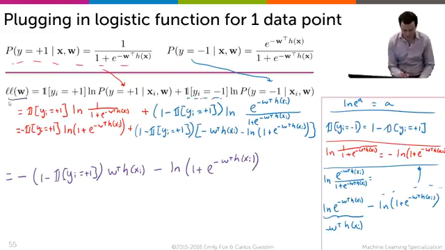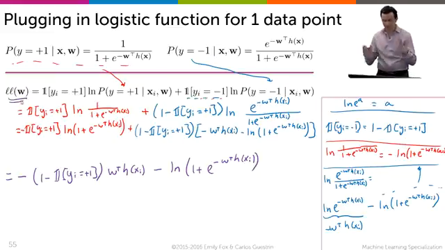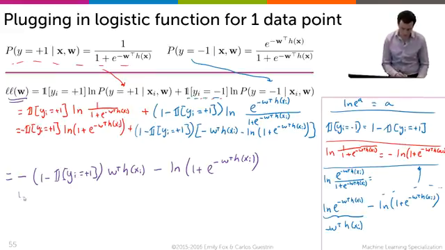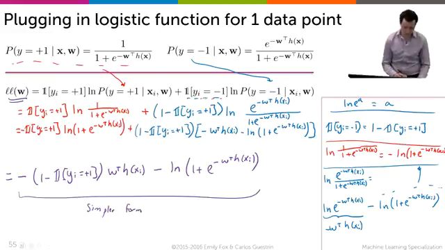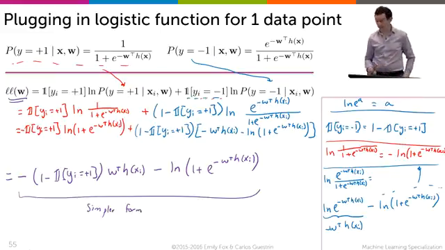So we started from the log likelihood function, went through a bunch of derivations and maths, which you can explore if you want, and ended up with this much simpler form. And now we're going to take that simpler form and take its derivative.